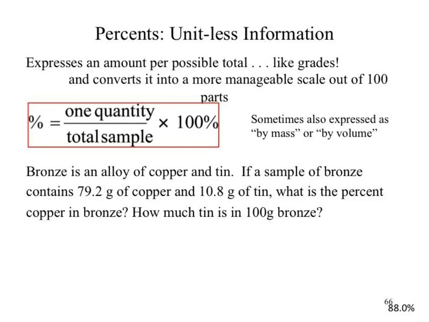So if I had a sample of bronze that had 79.2 grams of copper and that number of tin, what is the percent copper in the bronze? So, percent copper. How do I calculate the percent copper? What should be on top?